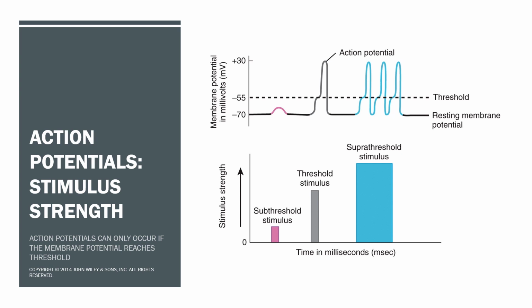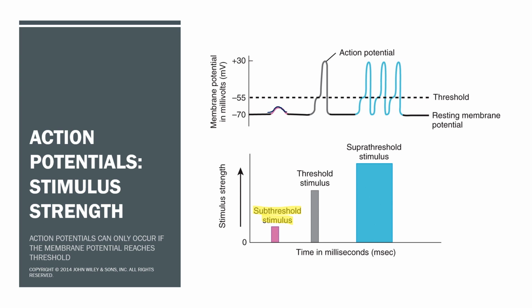Okay, so the generation of an action potential depends on whether a stimulus is able to bring the membrane potential to threshold. So an action potential will not occur in response to a sub-threshold stimulus, a stimulus that's not strong enough to actually bring the cell to negative 55 millivolts.